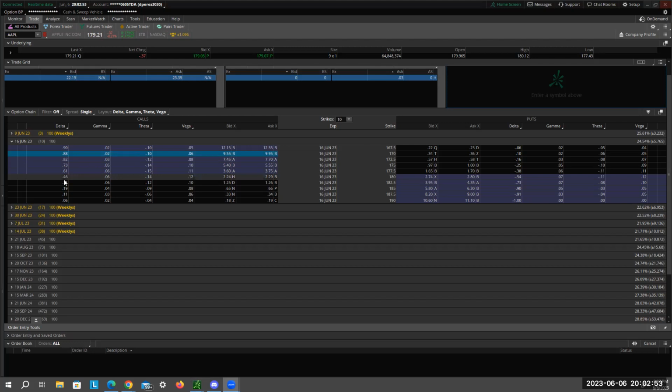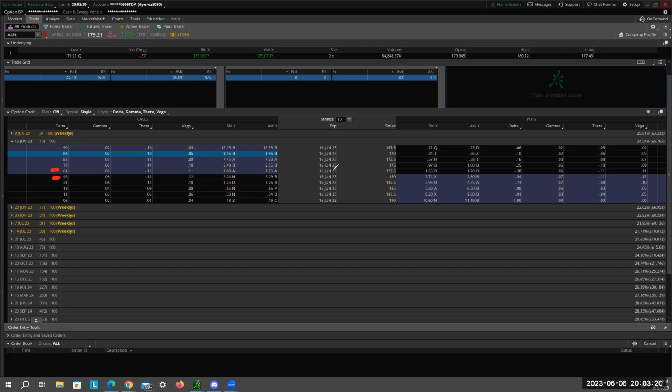So you see here, the delta is 0.46 for the 180 at the money. In the money is 0.61. So once this contract gets to in the money where the 177.5 contract is, the delta will definitely get higher. It might not be the exact same as 0.61, but the delta will rise as the contract gets further in the money.